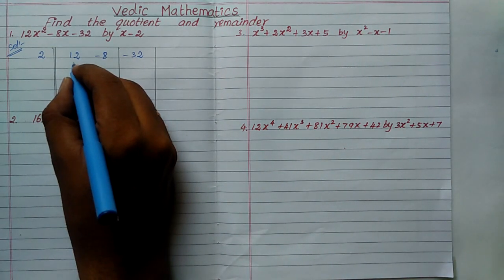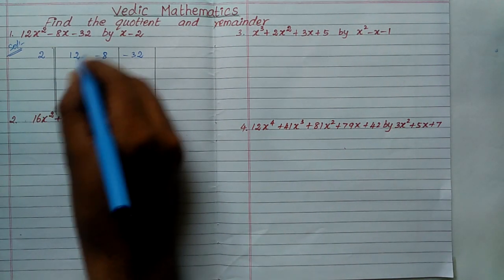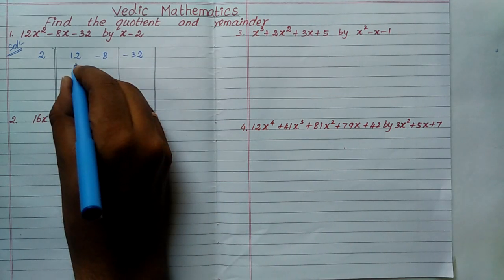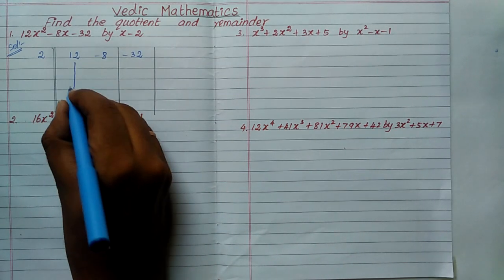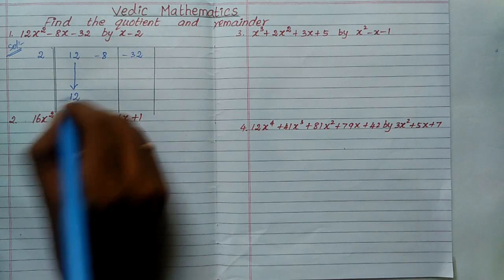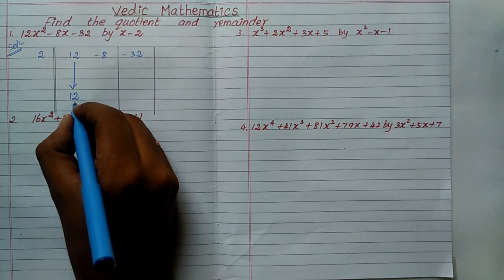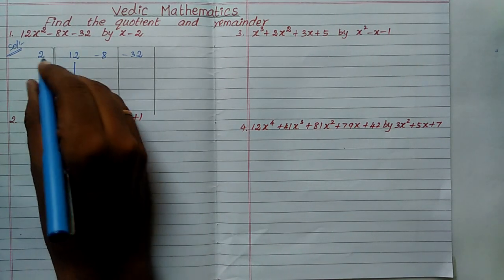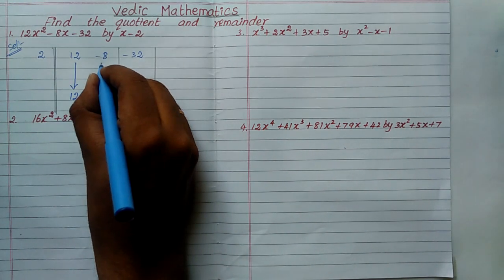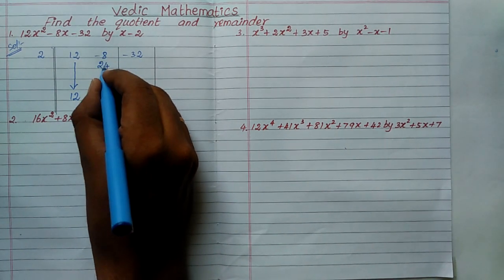Now here 12, so take the 12, because the number 1 is there, we can take 12 directly. Then 12 into 2 is 24, write the 24 here, and we do the addition.